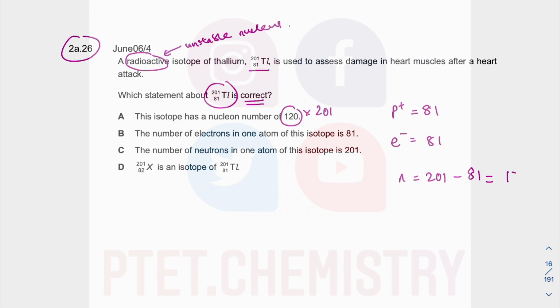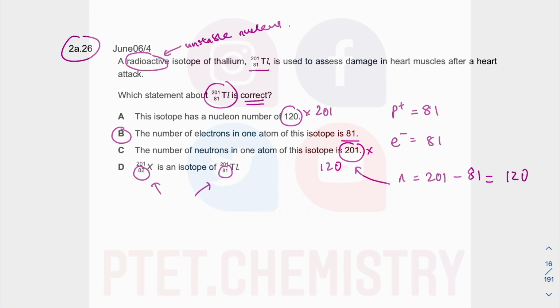So I can get 120 neutrons, not 120 nucleons. So the number of electrons is 81. That is actually correct because for an atom it is equal to the number of protons. The number of neutrons is not 201, it's 120 as I mentioned, and this is element 82.